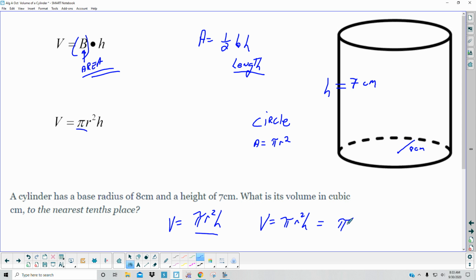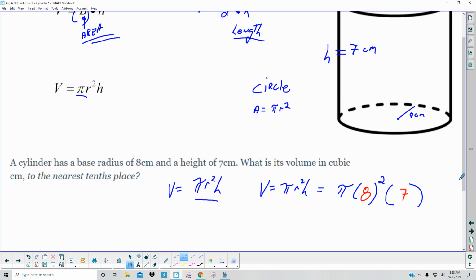So you've got a pi, a parenthesis around r and a parenthesis for h. Now I'm going to fill in what I know. r is 8, and the height is 7. Now you just pick up your calculator and type it in.